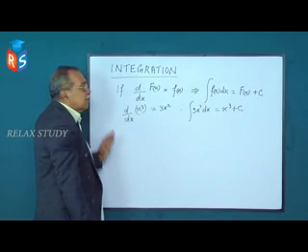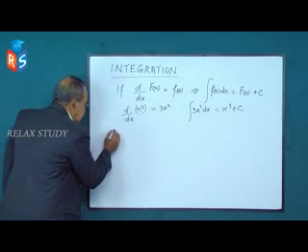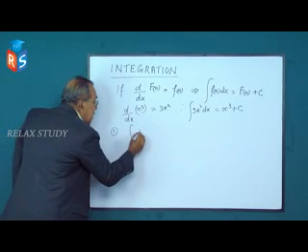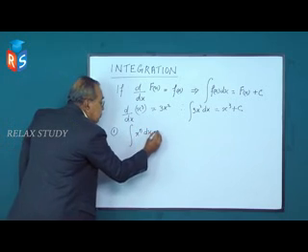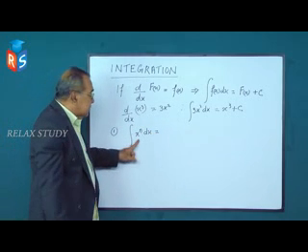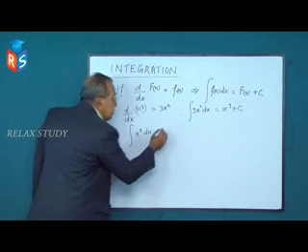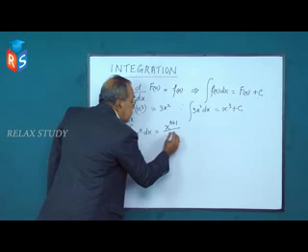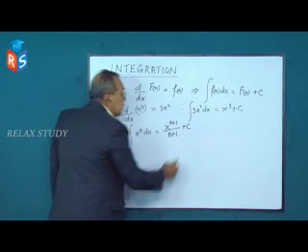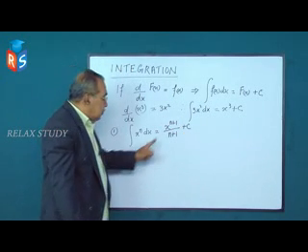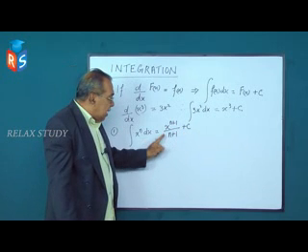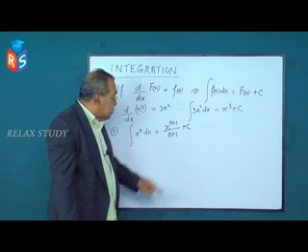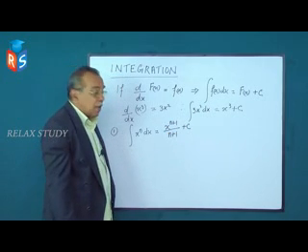There are standard results. 1. The integral of x raised to n dx is equal to x raised to n plus 1 by n plus 1 plus c. If you differentiate this, 1 by n plus 1 into n plus 1 into x raised to n plus 1 minus 1 is the same as x raised to n.